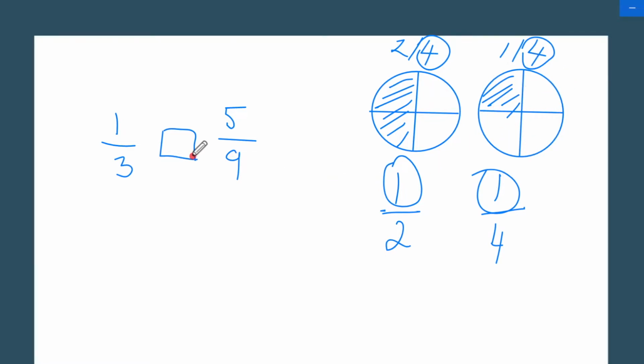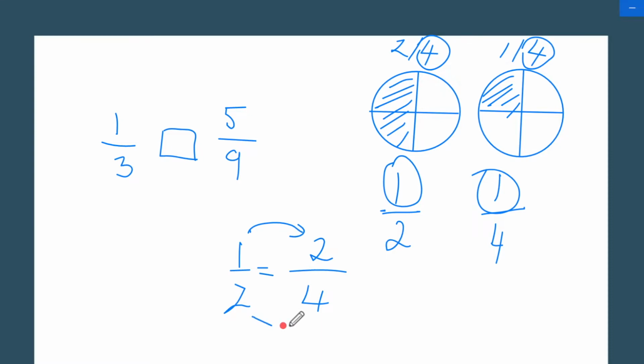Okay, and here, in order to get from a half to something out of 4, from 2 out of 4, you need to use equivalent fractions. If you don't know how to use equivalent fractions, you can look at my video about equivalent fractions, which you can see up above, and you can revise that topic before continuing.